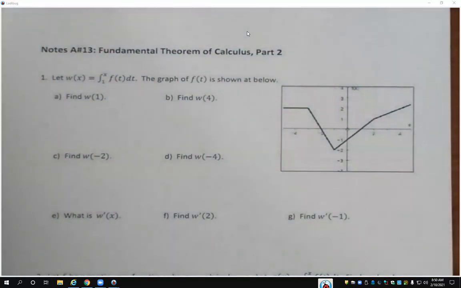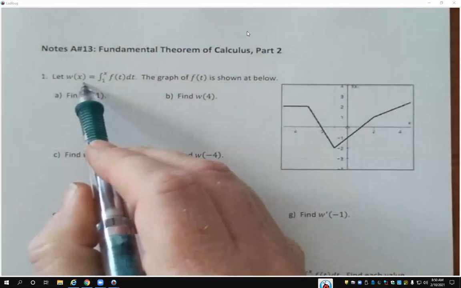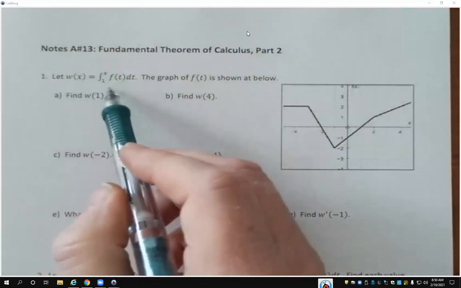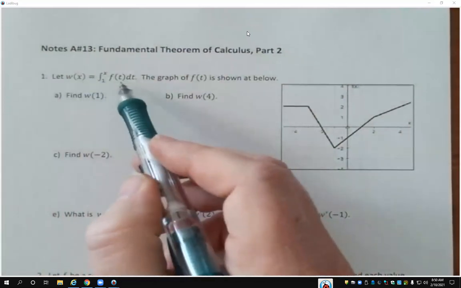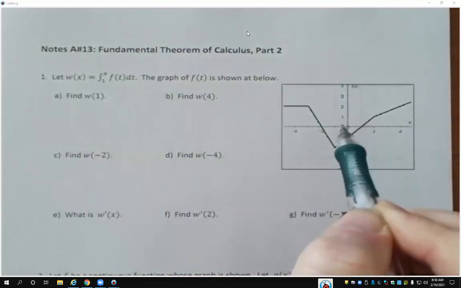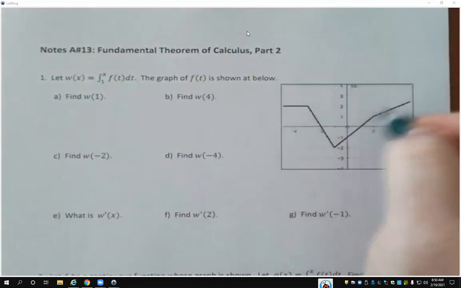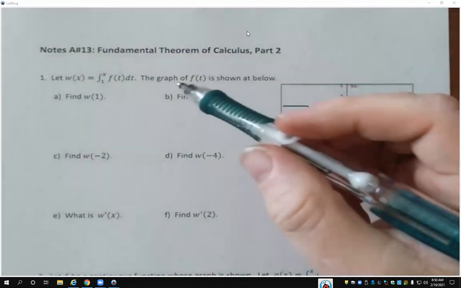Okay, so in number 1 here, we have a graph, obviously, and it tells us that w of x is equal to the integral from 1 to x of f of t dt. The graph of f of t is shown over here. Okay. First of all, before I go on to what this is the graph of, let me state this.